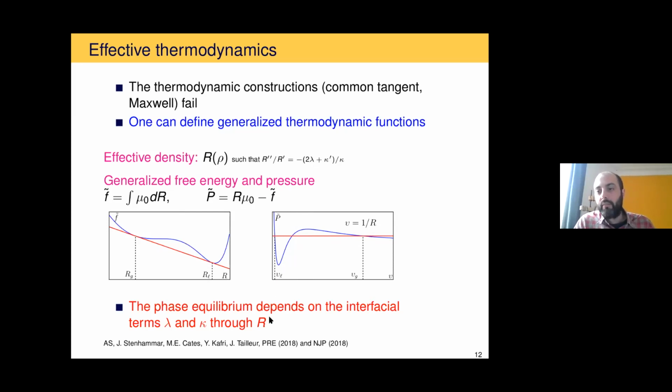And that's different from what you have in equilibrium, because you know that in equilibrium, the phase diagram is only controlled by the bulk. What happens at the interface doesn't matter at all. Here, on the contrary, the physics at the interface is important to understand the phase coexistence.